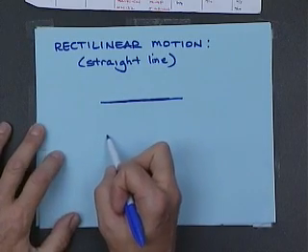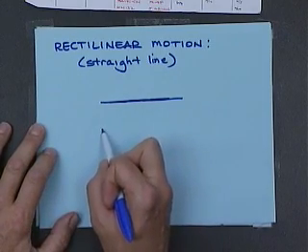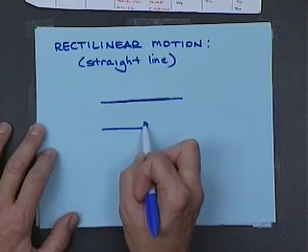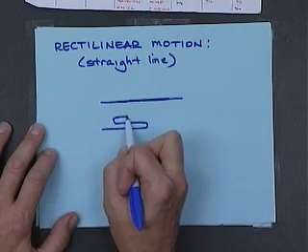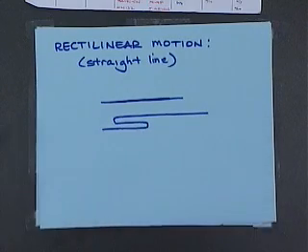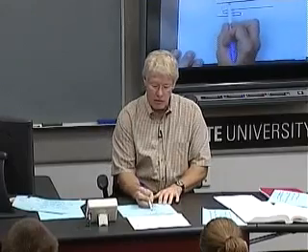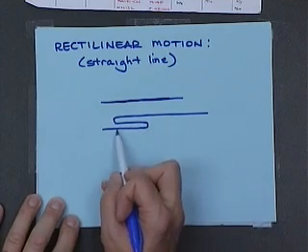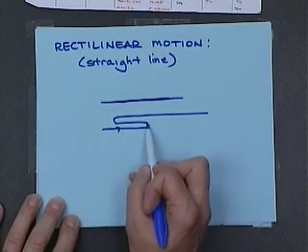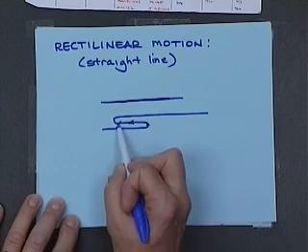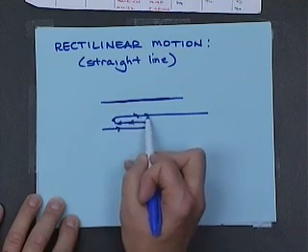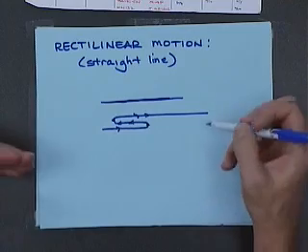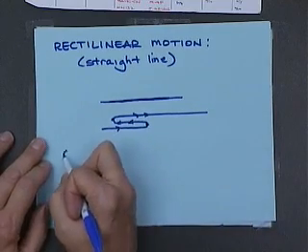So a lot of times you'll see a rectilinear motion problem diagrammed like this. Even though the path was not like this, the path was all in the same straight line, you can at least see that it came this direction for a while, and then it turned and went this direction for a while, and then it turned and went this direction for a while. So you might see a diagram like this.